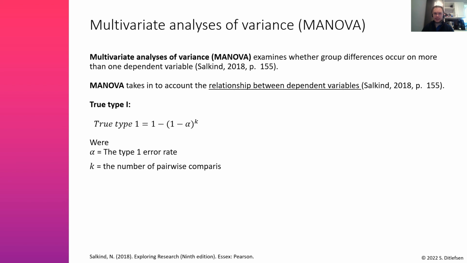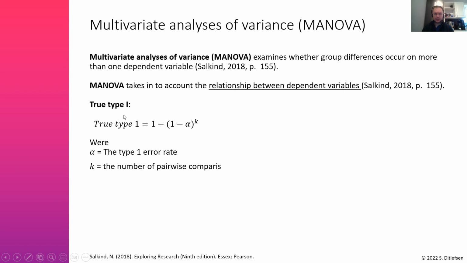And MANOVA takes into account the relationship between dependent variables. And this is the formula. It's not very important to know it directly, but it's good to have seen it.